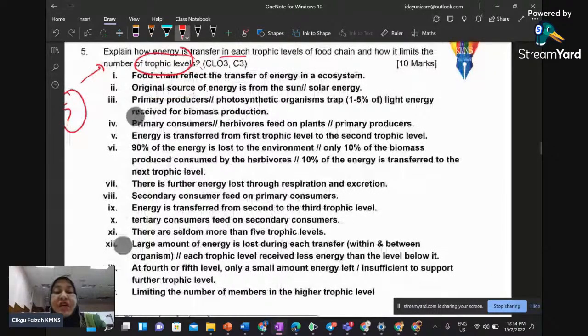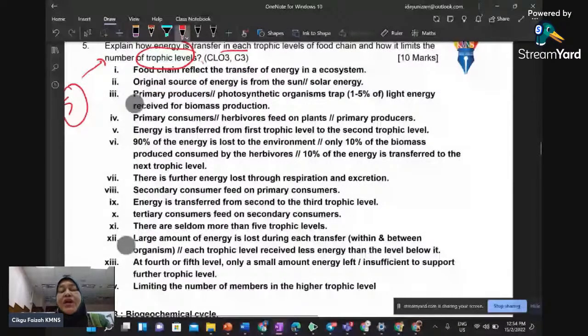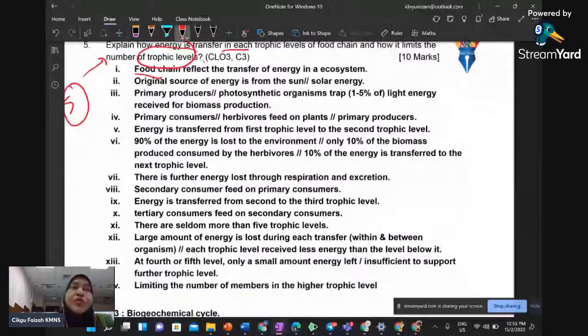So you have to define or explain first, state what a food chain is all about. The food chain we looked at earlier: the plant is eaten by the caterpillar, eaten by the bird, eaten by the eagle. So that is showing how energy is transferred from one trophic level to another in the feeding process.